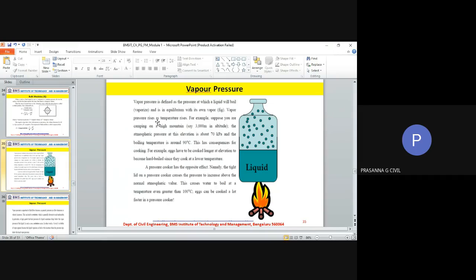So a liquid may boil even at ordinary temperature if the pressure above the liquid is reduced so as to be equal to or less than the vapor pressure. So this is what is called vapor pressure, which is expected in fluids.